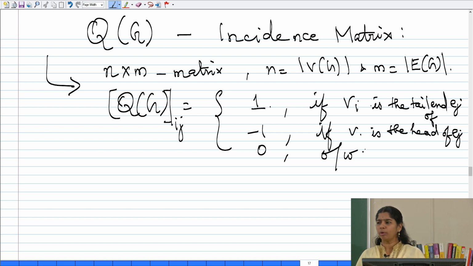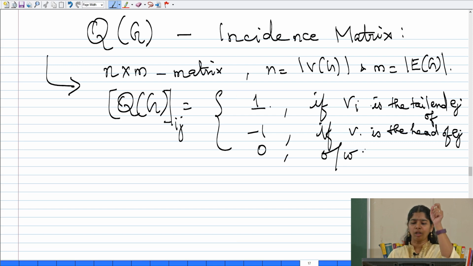So what can we say about this matrix again? If you look at every column, Ej is obviously going to have a tail and a head. So every column will have a plus 1 and a minus 1 at its end points. So the column sums will be 0, and the row sums would give you the in degree and the corresponding out degrees also.